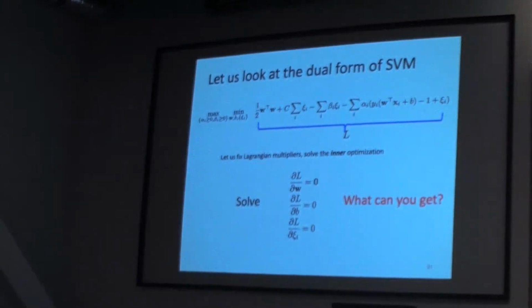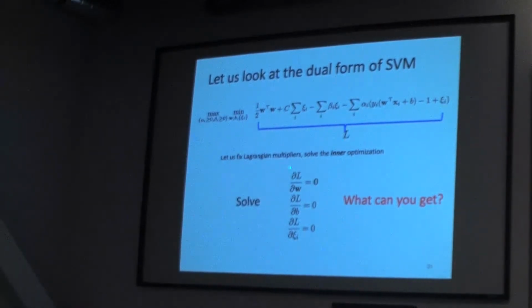As usual, we take the gradient, right? We set the gradient to be 0. That's it, right? So we have three types of parameters: the feature weights, the bias parameter, and all the slack variables, the xi i's, right? So we just take the gradient of the Lagrange function with respect to each of them, set them to be 0, and see what we can get, right?